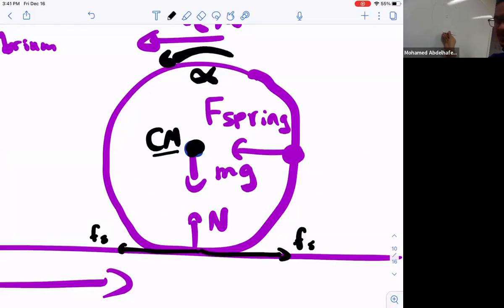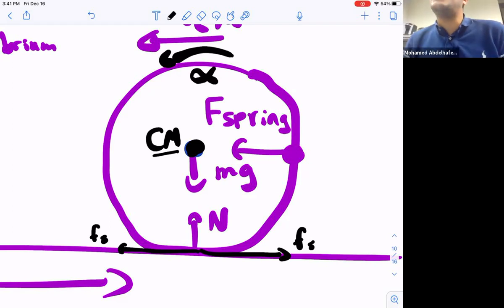Follow the static friction force about center of mass, trying to rotate it this way. That's what I want. If static friction was going the other way like this, it wants to rotate it the opposite way, which is not what I want. So I need alpha matching ACM to the left, alpha also to the left, which is counterclockwise. So I need this static friction direction so that I create torque this way.